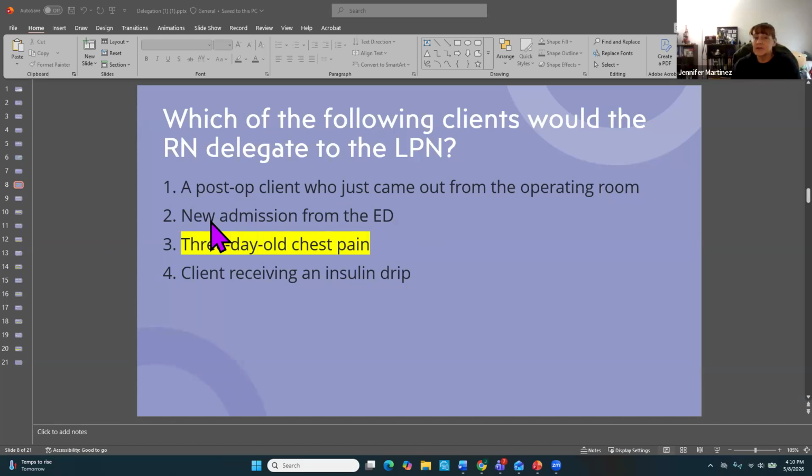A new admission from the emergency department, right? We have to do that admission assessment, get everything going, so that would be something the RN would need to do. And a client receiving an insulin drip is also something the RN would need to follow. So that 3-day-old chest pain, right? Probably the most stable of those.